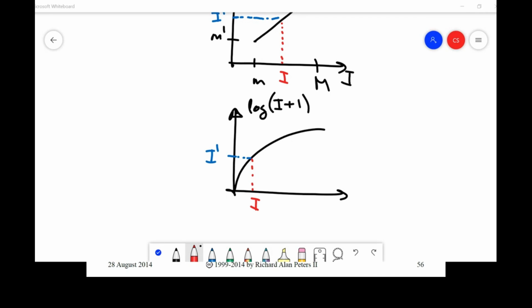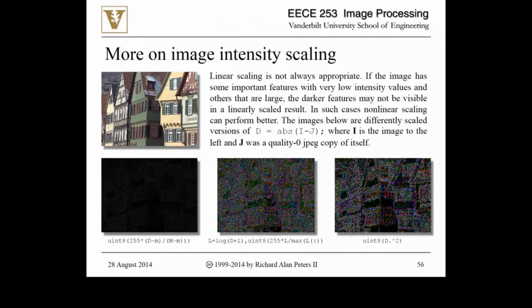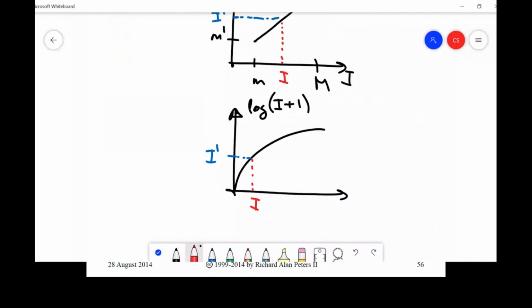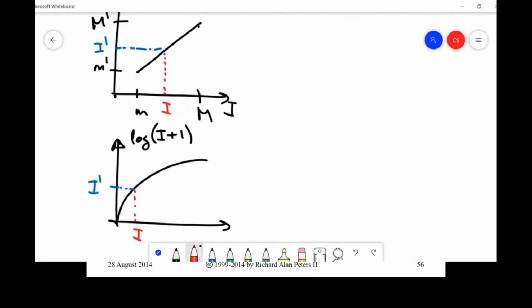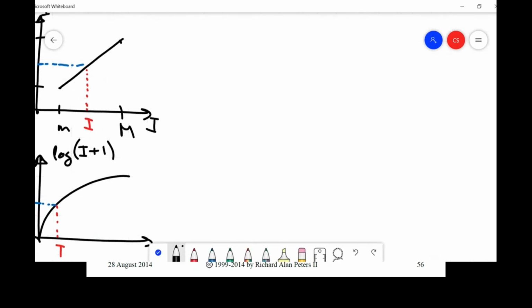There was another one. That was this square. What happens with this square? We have I prime is I squared.